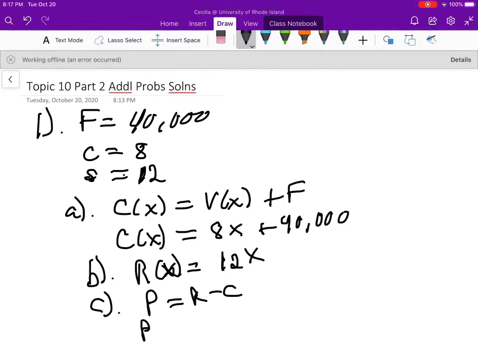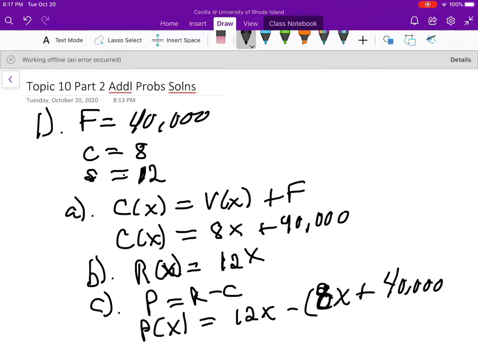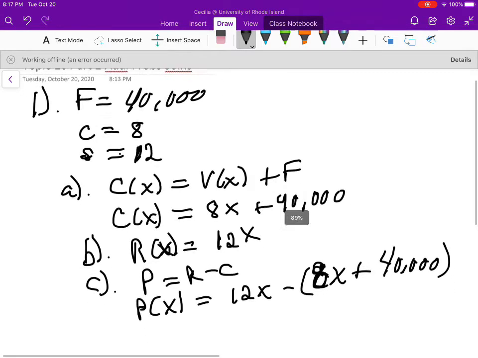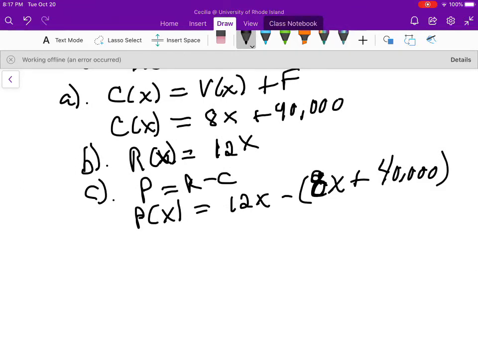So we're going to go ahead and calculate that the profit function is the 12x minus the cost, and we're going to put parentheses around that so we don't want to lose any of the minus signs as we distribute them. So we're talking about minus the quantity 8x plus 40,000.